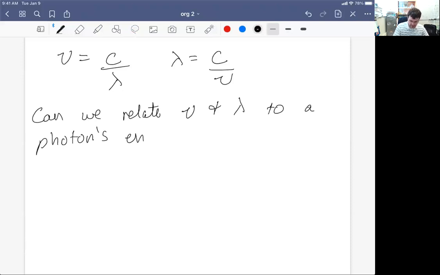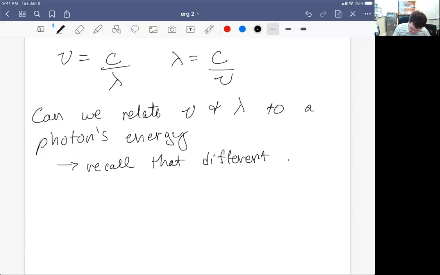If you remember from a couple of lectures ago, we were talking about how photons, while they're all massless and all moving at the speed of light, can be different in other ways, namely their energies. Different photons have different energies.